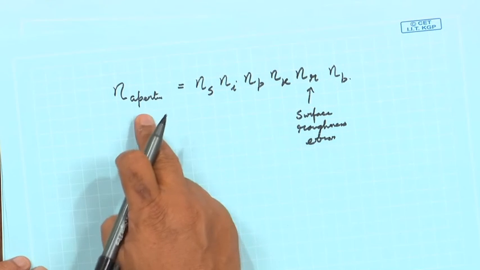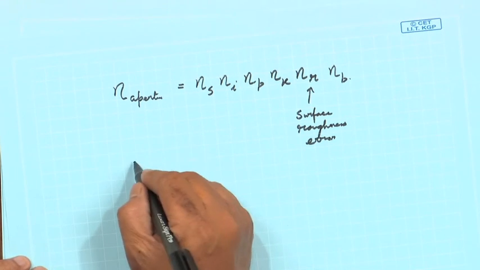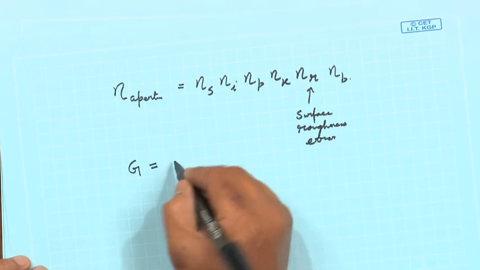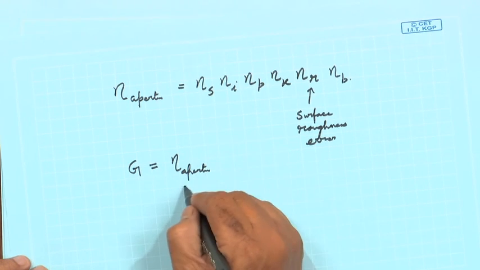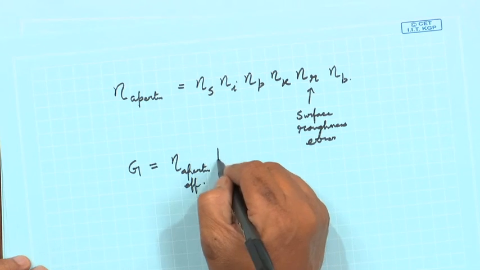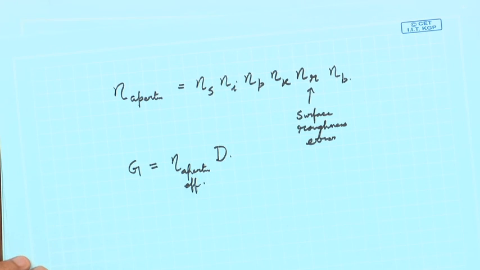So, all these affect the aperture efficiency. Finally, gain is nothing but the aperture efficiency into the directivity of the aperture.